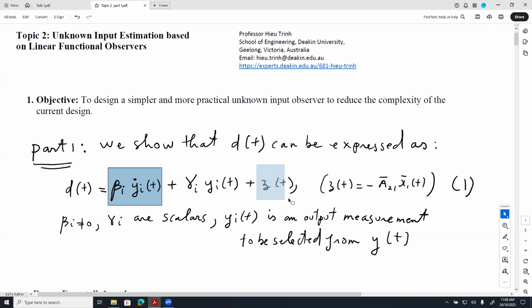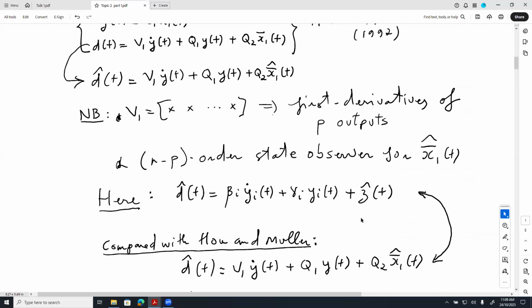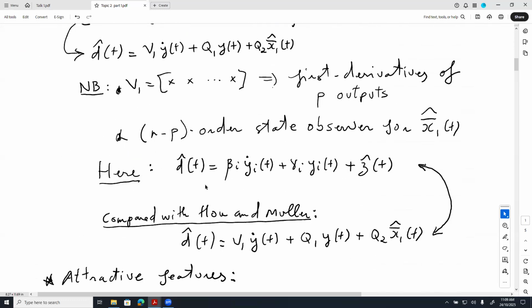Furthermore, instead of designing a reduced order stack observer to estimate the entire stack vector, we need to estimate only a linear function of the stack vector. So that's the essence of what we're going to do.